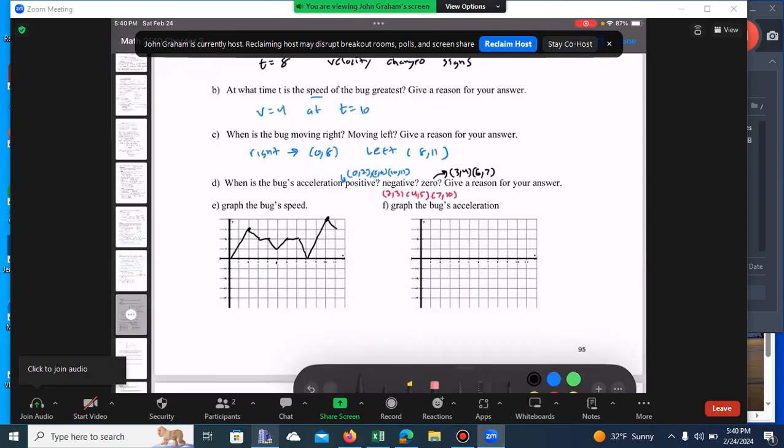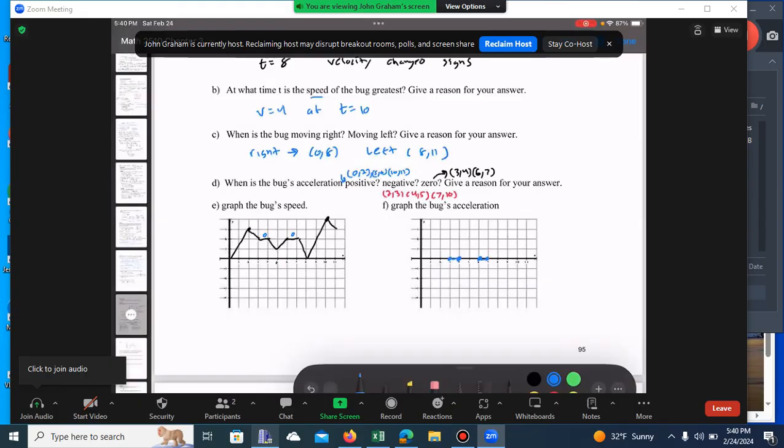Acceleration will follow the slopes. So easiest one, let's do the 0 slopes between 3 and 4, and 6 and 7. So that's those slopes.